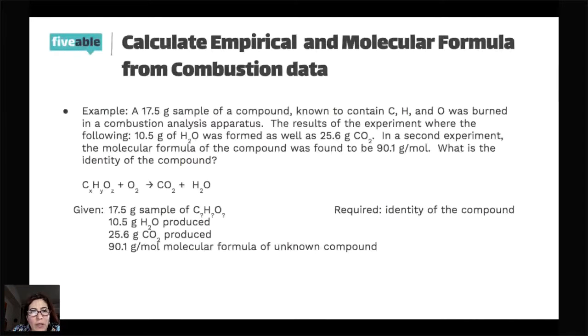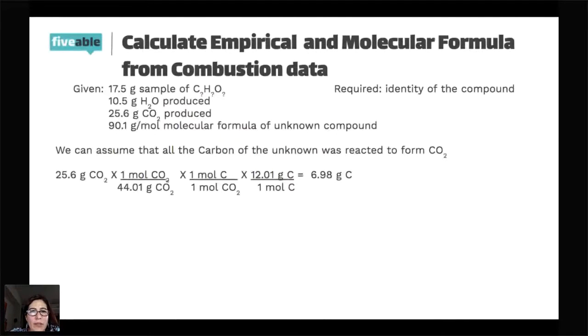We can assume that all the carbon reacted to form carbon dioxide. So that 25.6 grams of carbon dioxide that was given in the apparatus, we can change it to carbon by using the molar mass of carbon dioxide to 1 mole of carbon dioxide to change it to moles.